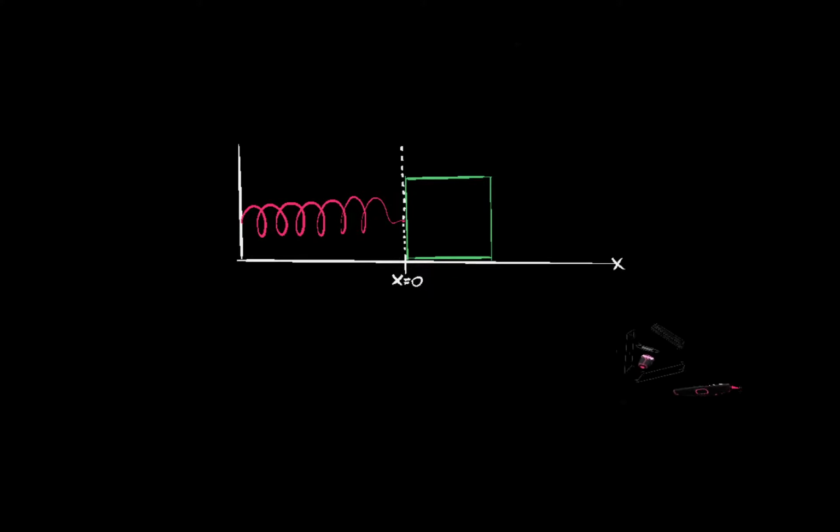To keep an ideal spring stretched by a distance x, we exert a force based on its position, F equals kx, where k is called the spring constant of the spring. It's different for each spring.